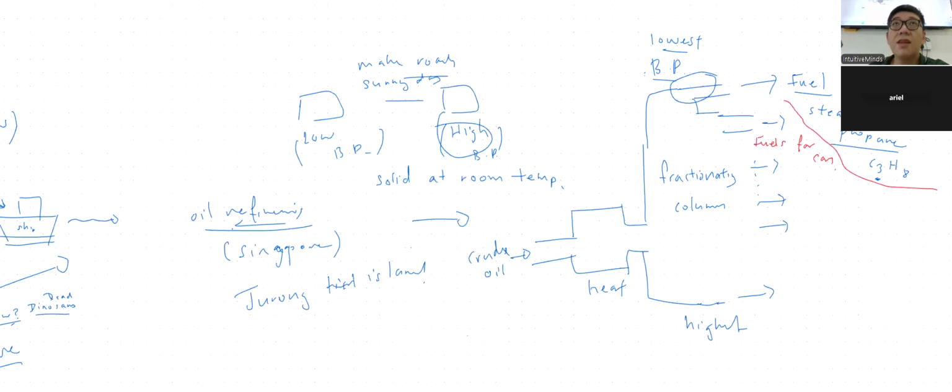Okay, no worries. So the next one, if you fuel for cars, we call it petrol lah. What you actually do need to memorize, very importantly, is the order. So the first one is fuel for cooking, then the next one is fuel for cars, then we have feedstock. A lot of people think that feedstock is for cows or sheep or lambs.